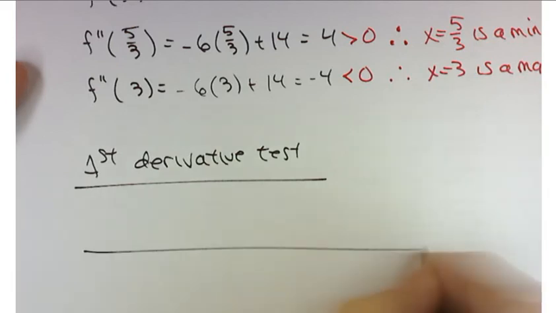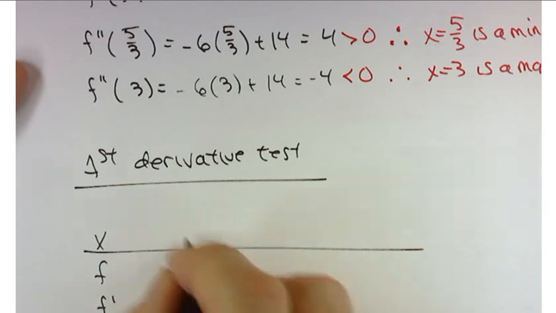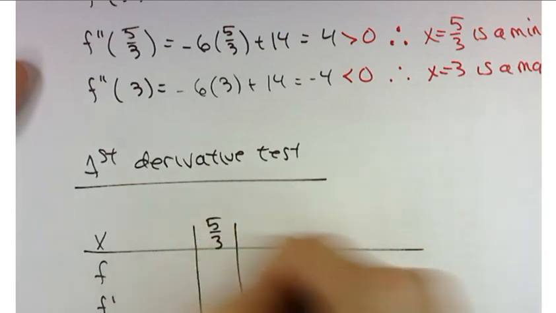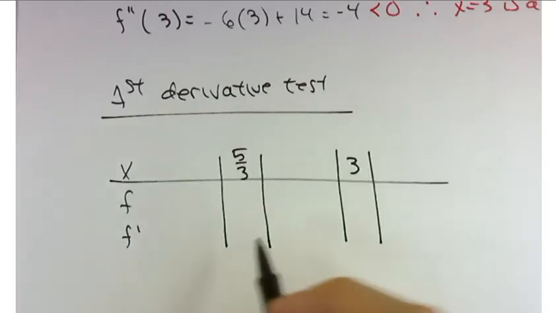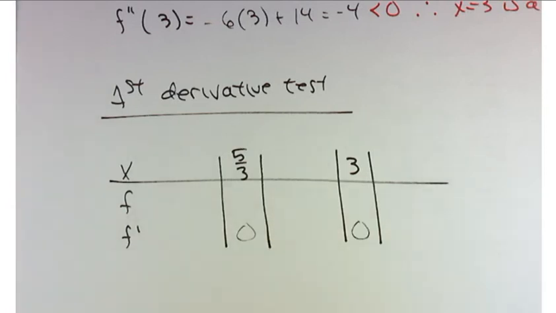The points are 5/3 and 3. So we know the first derivative is 0 at these points. You plug the first derivative into your calculator or test points one way or another, and let's see what kind of a shape you're going to get.